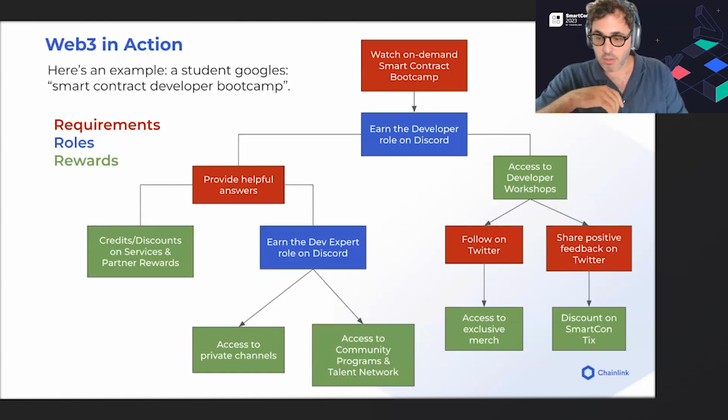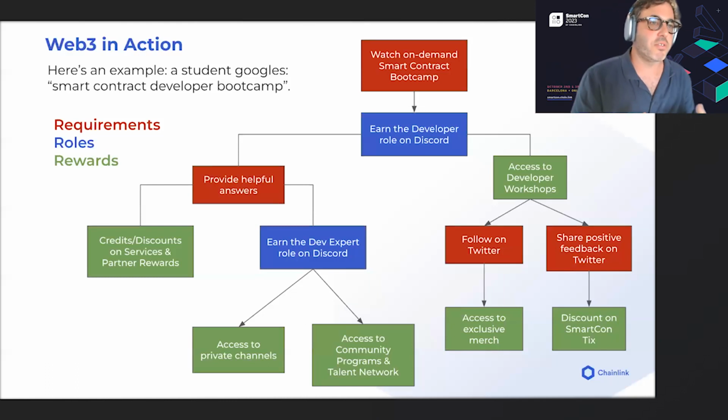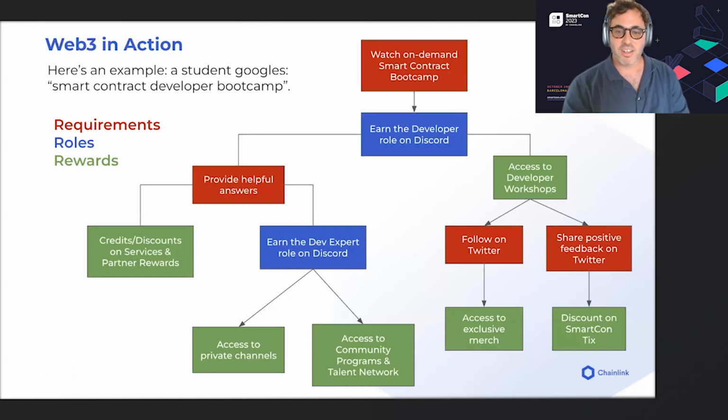So this is a much greater incentivization scheme than simply asking for their emails, sending them a newsletter that ends up in their spam folder, and generally just being annoying, because that's kind of what marketing is today. I think it's just kind of an annoyance. I think Web3 tools and tactics allow marketing to actually be rewarding and valuable.